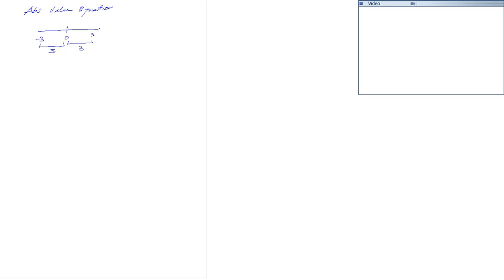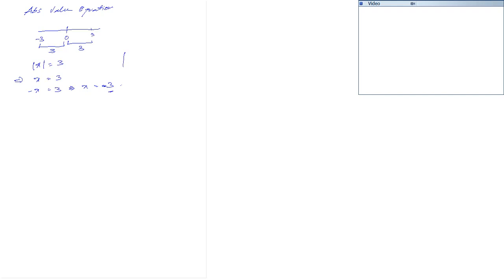So if I say absolute value or modulus of x is equal to 3, this means x is equal to 3, and minus x also equals 3, which means x is equal to minus 3.